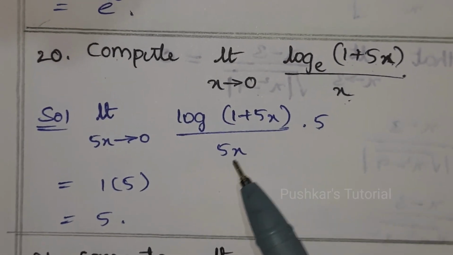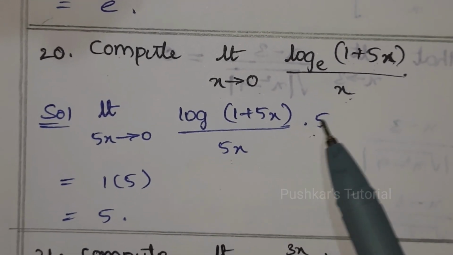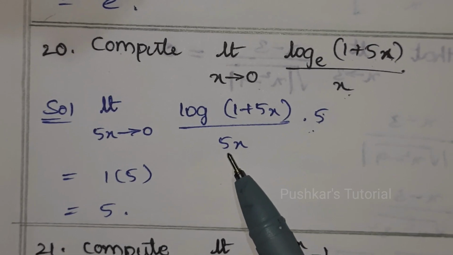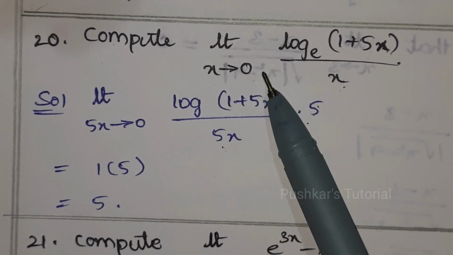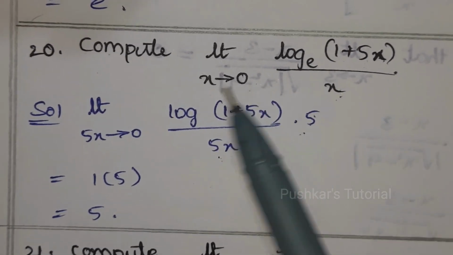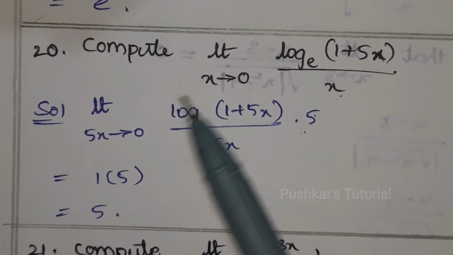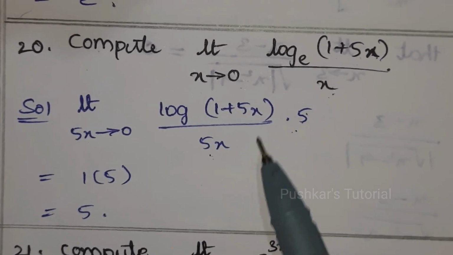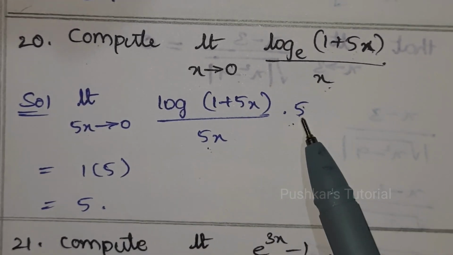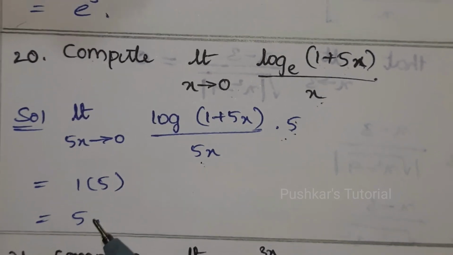So I am multiplying and dividing by 5. So multiplied by 5 and divided by 5, and x tends to 0, whatever is there tends to compulsory 0. So on both sides, multiplied by 5, 5x, 5 times 0 is 0. So it is exactly the formula. This answer is 1 and the outside 5 continues. 1 times 5 is 5.